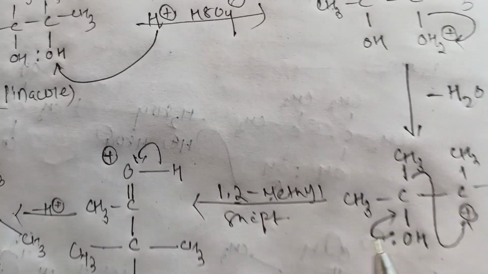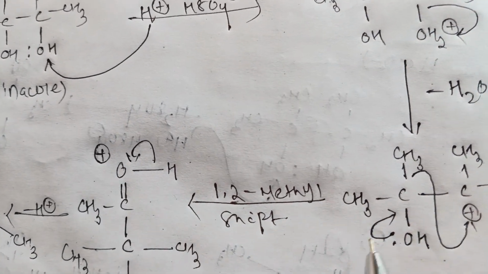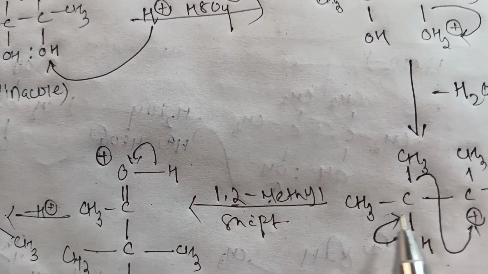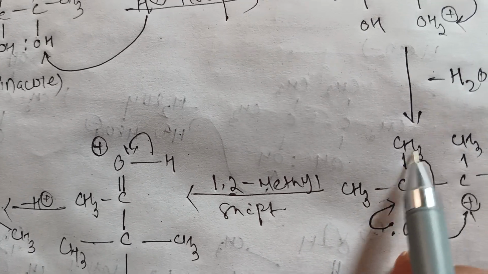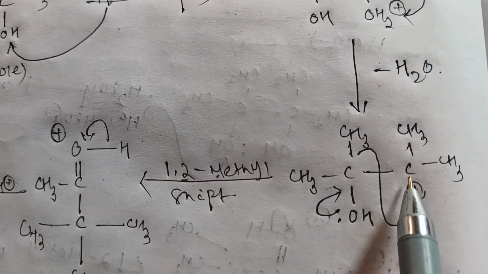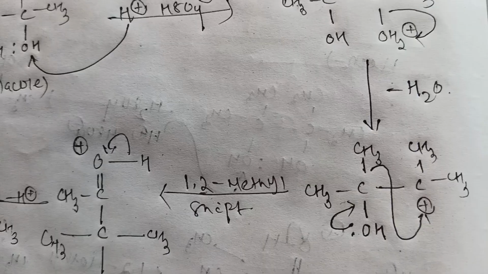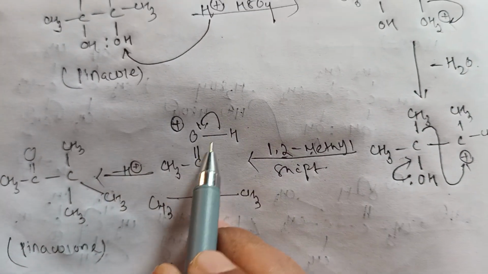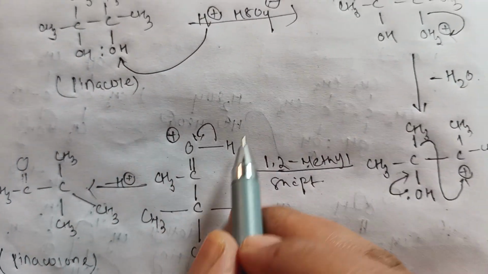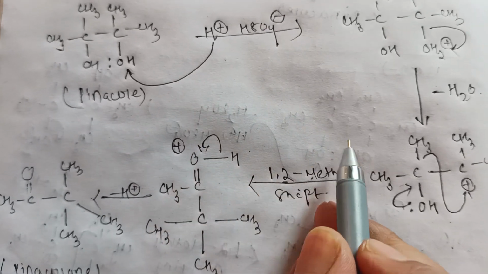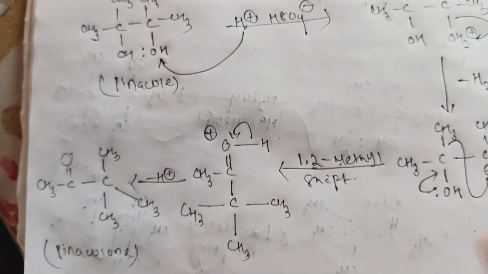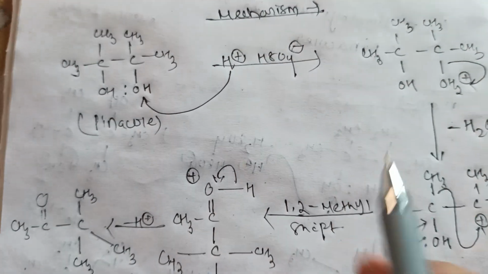Now in the third step, what happens? Shifting will take place. Oxygen gives its electron pair to carbon, and from carbon the CH3 group shifts to the third carbon. Now in the final step, hydrogen will donate its electron to carbon and be removed as H plus, and HSO4 minus is present and forms H2SO4 again.